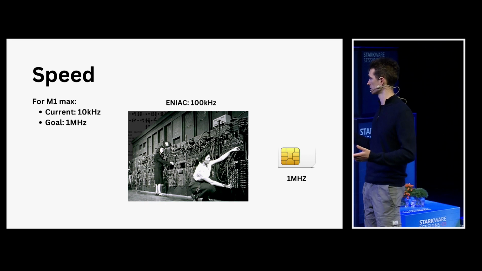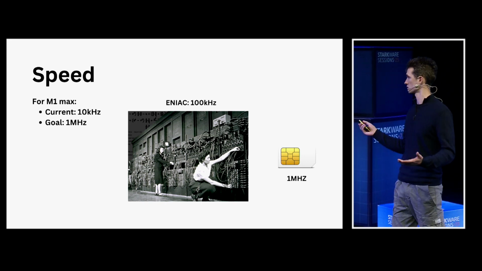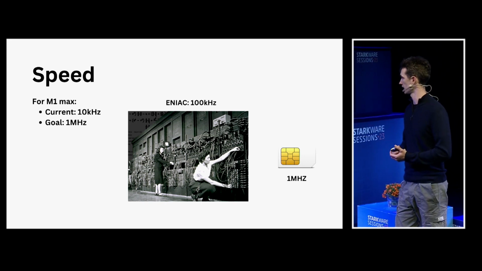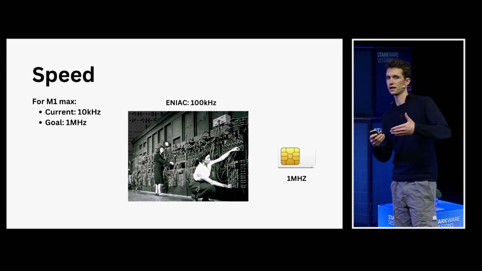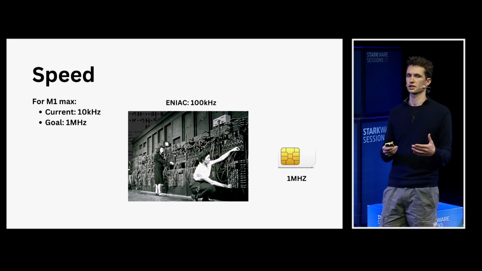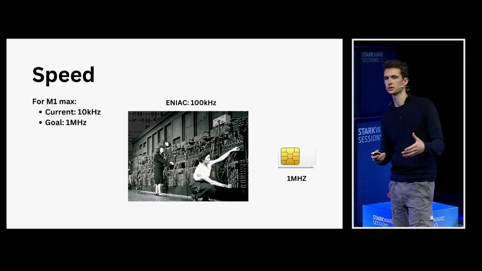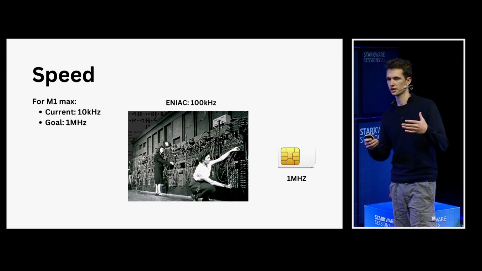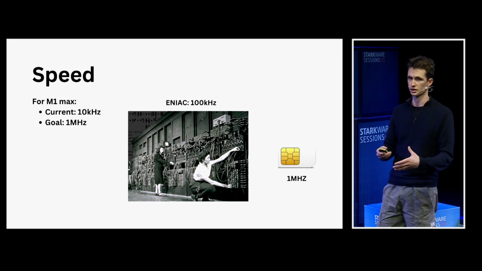So I don't think you can really compare these two things, but I think it is interesting to think about how fast you can prove, and use that to think about what applications you might want to build where you're actually proving on a consumer device on the client side.